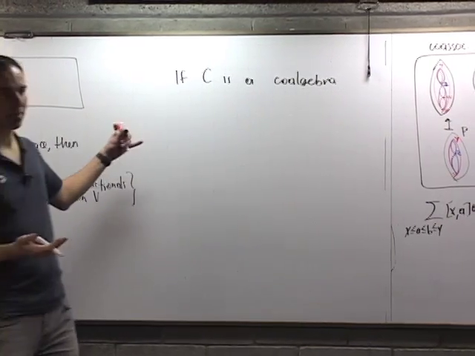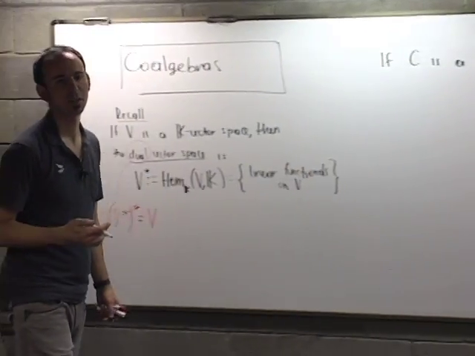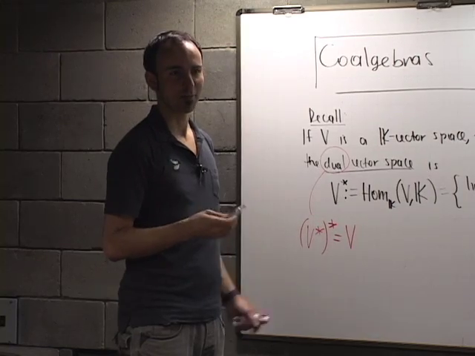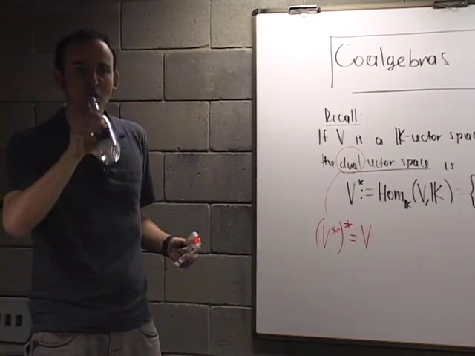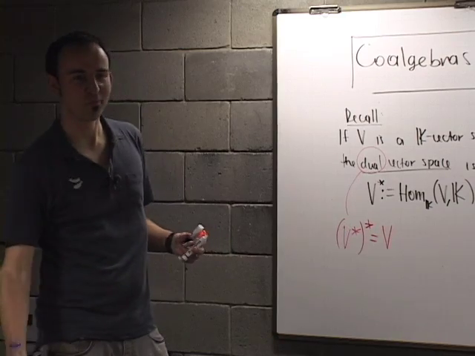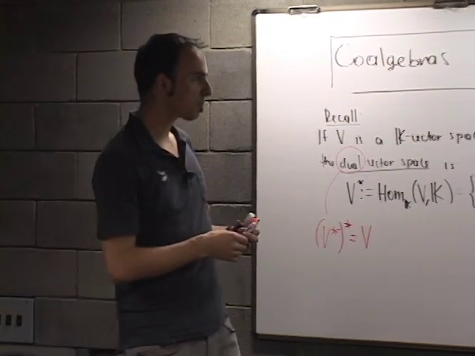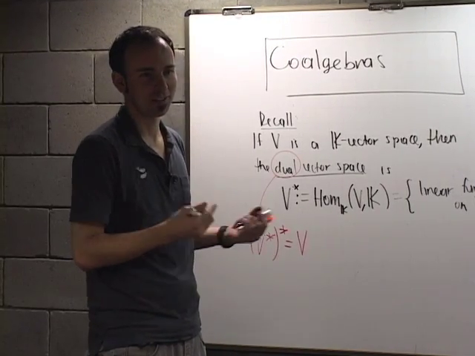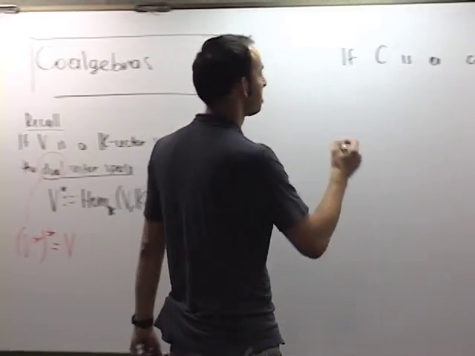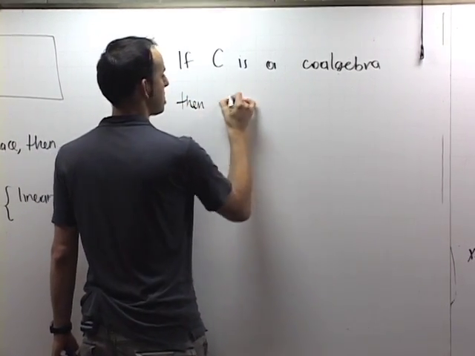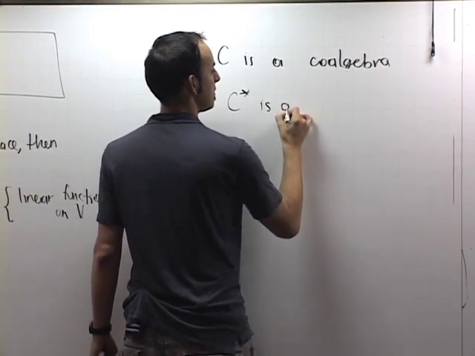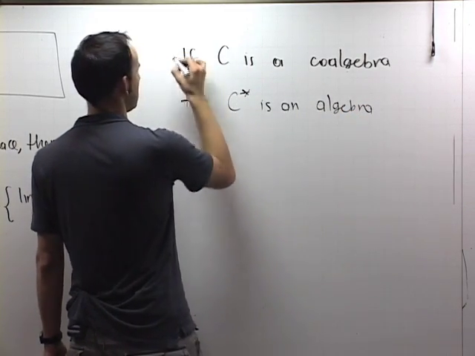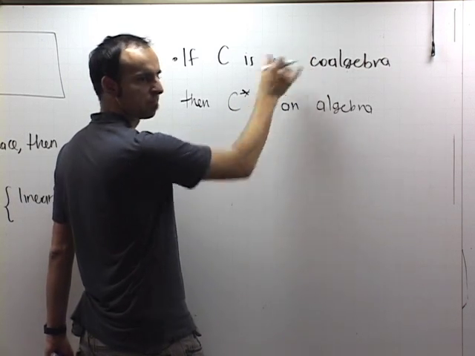It's a vector space with maps that satisfy these axioms that I just erased. Then it looks a lot like an algebra, and what would be the most optimistic guess as to what is happening? The dual, if we're lucky, the dual is an algebra. In some natural way inherited from C.